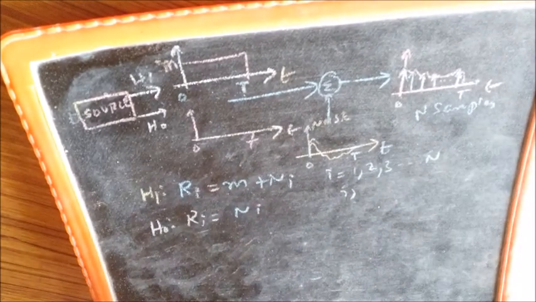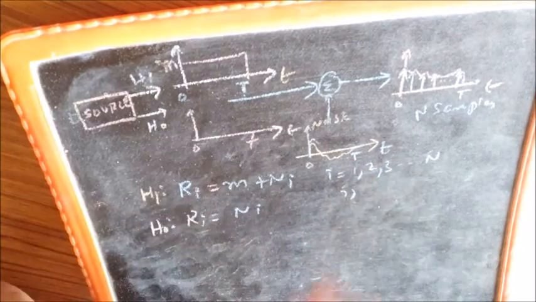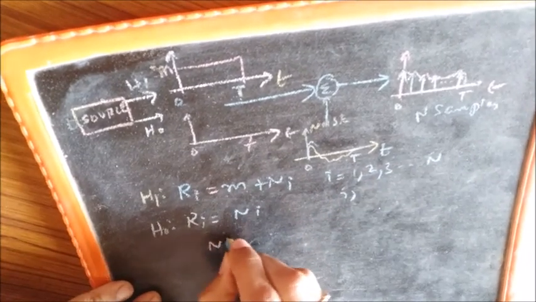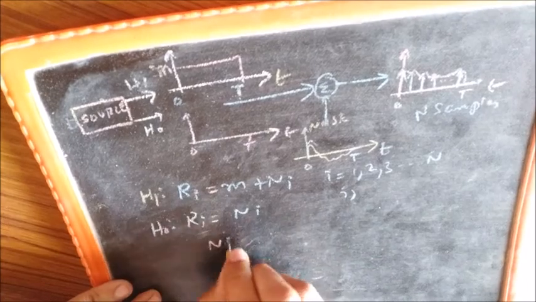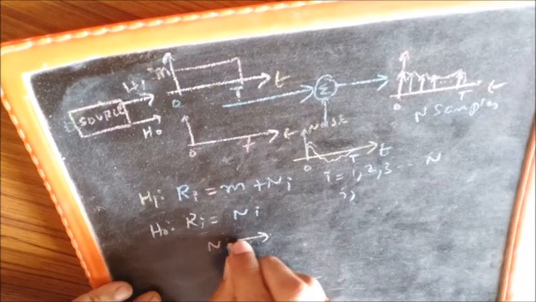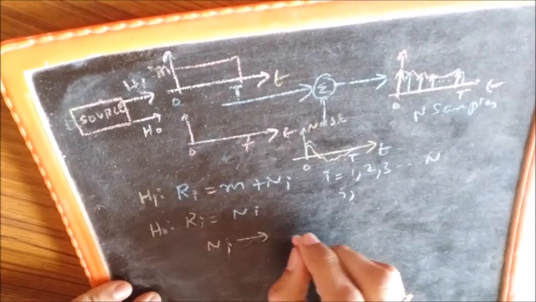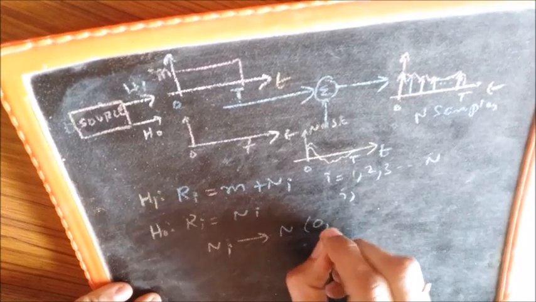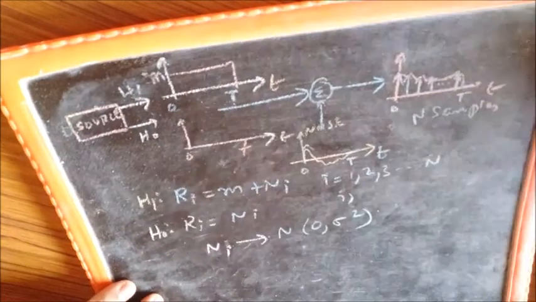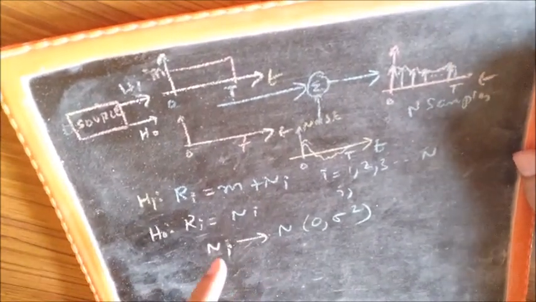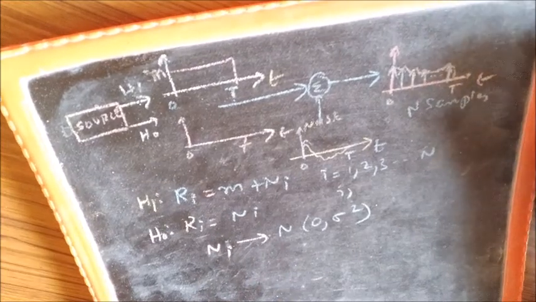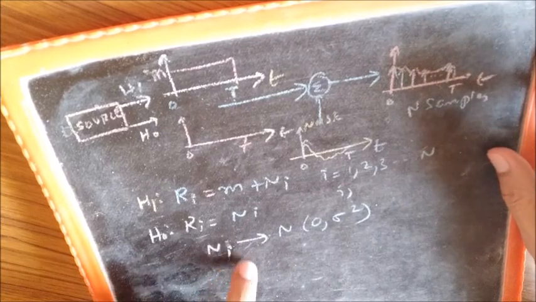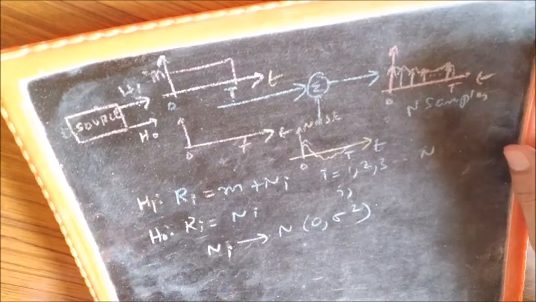Now we have been told that each of the noise samples N_i is Gaussian distributed with mean 0 and variance sigma square, and we are also told that the noise samples are mutually independent.